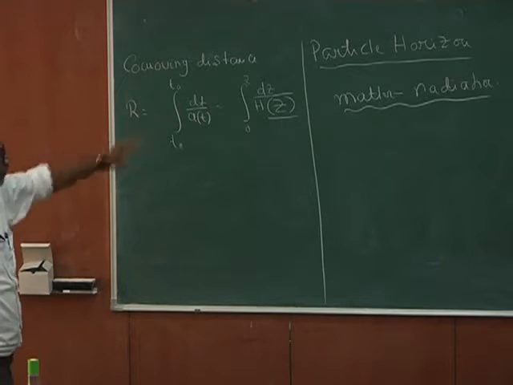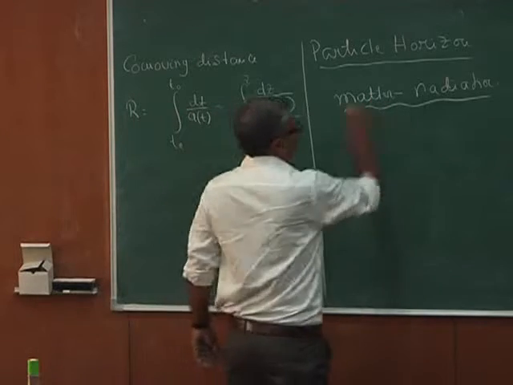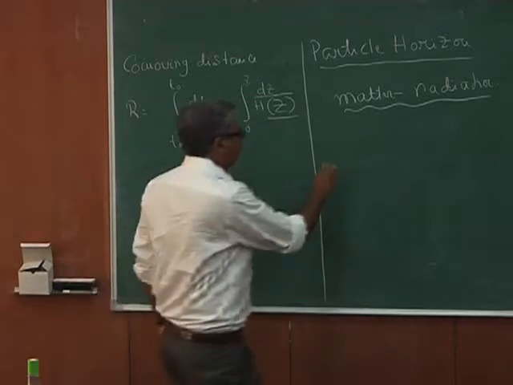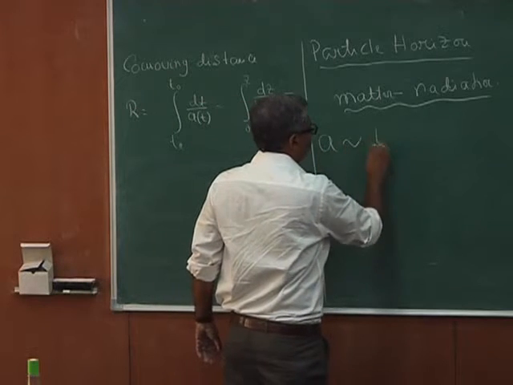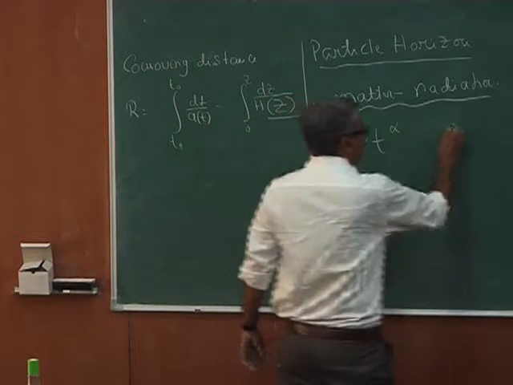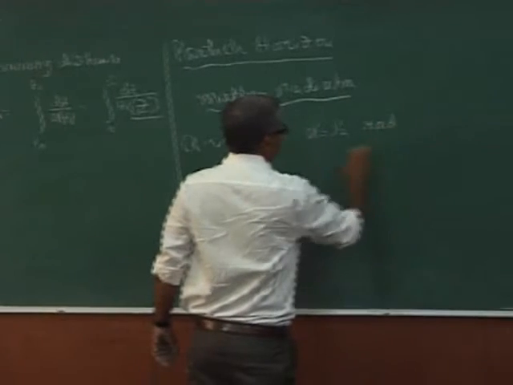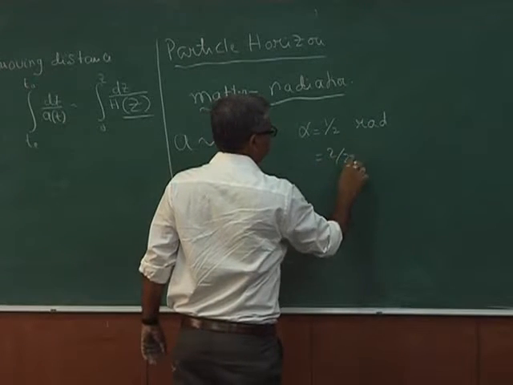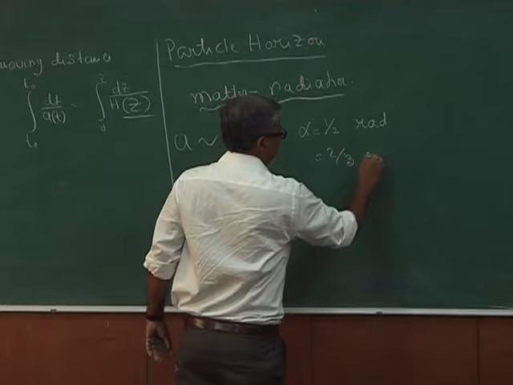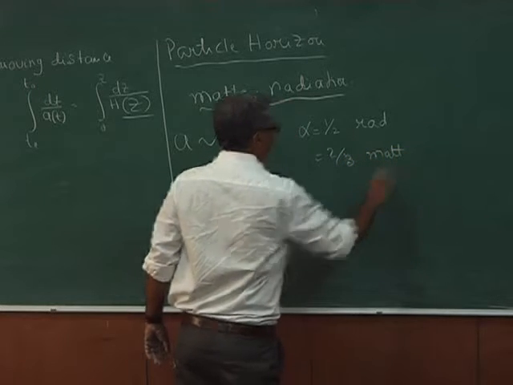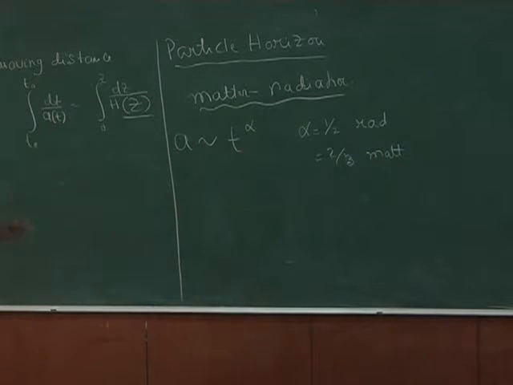So let's say we have only matter dominated or radiation dominated, fine, and we know that for that case a goes as t to the power alpha, where alpha is either 1/2 for radiation or 2/3 for matter, fine. So alpha is smaller than 1, fine. Yes, so this is always decelerated expansion, fine.